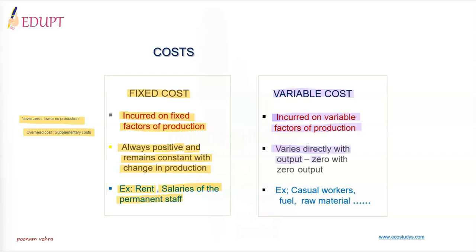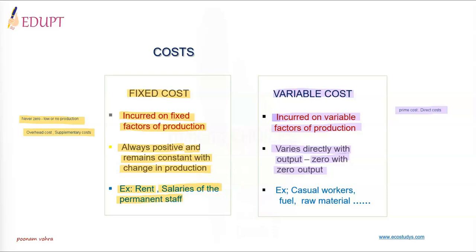It is zero when output is zero. As the level of output increases, variable cost also increases. In the short run, firms shut down production if variable costs are not met. They are also termed as prime cost or direct costs.